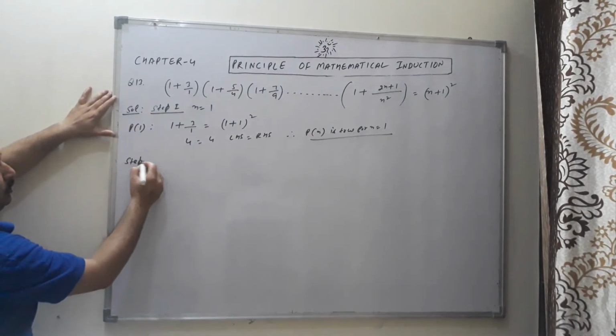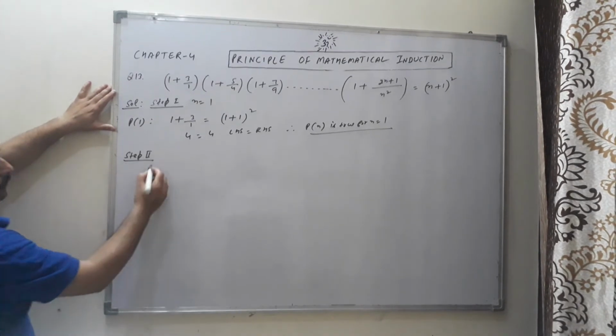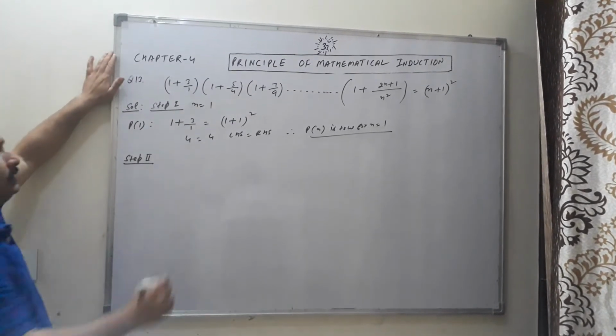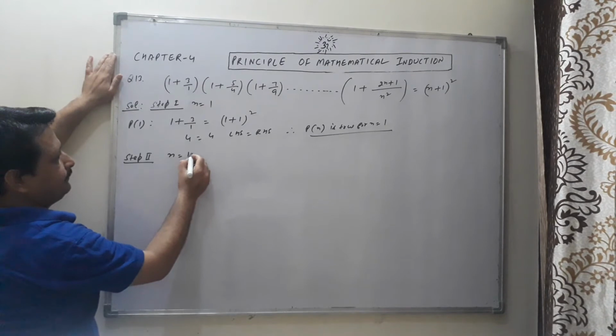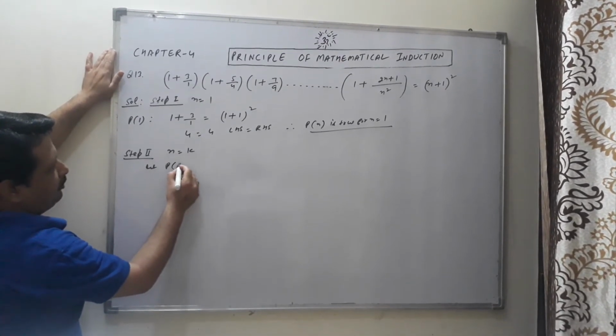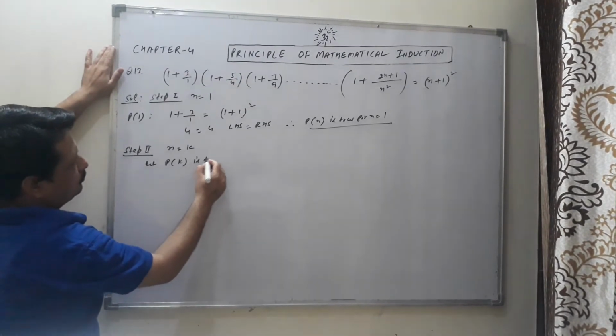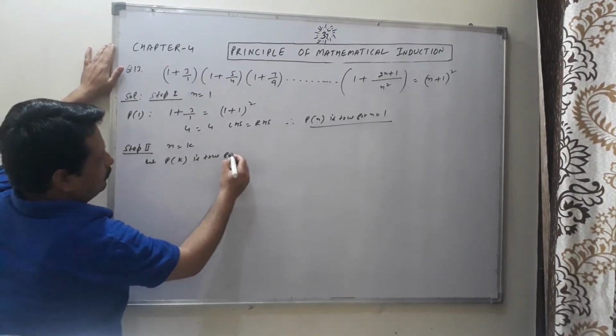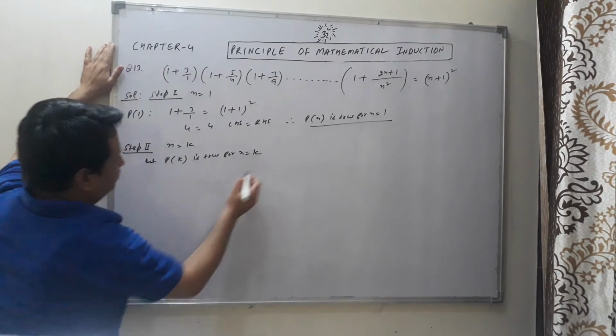Come to step number 2, students. That is n equal to k. So let P of k be true for n equal to k.